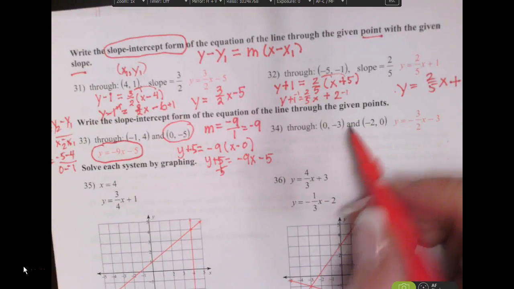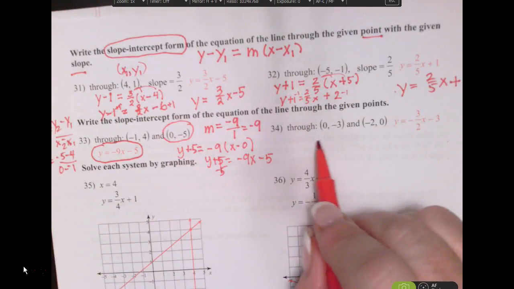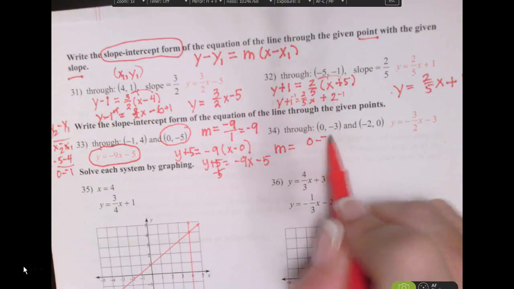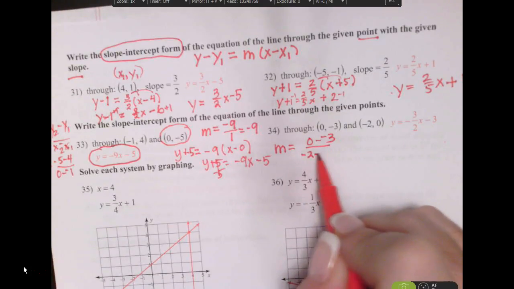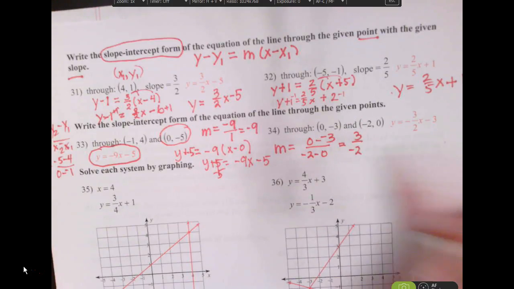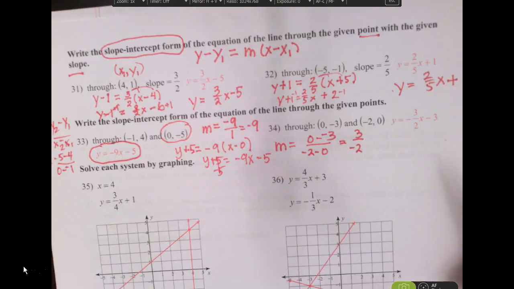In number 34, I'm going to do the same thing. The slope is 0 minus minus 3, over negative 2 minus 0. So that's positive 3 over negative 2. And I'm going to plug in to point-slope.